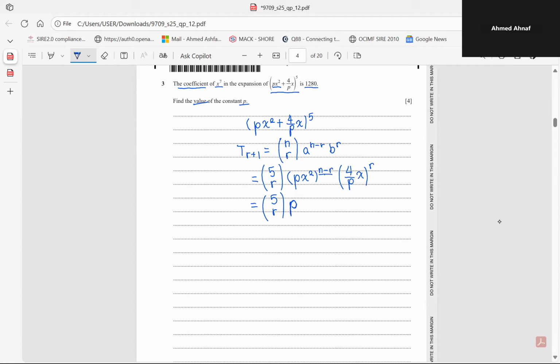So we get p to the power of n minus r times x to the power of 2 times n minus r, so this would just be 2n minus 2r. And then for the next term, 4 over px, this would be 4 to the power of r over p to the power of r times x to the power of r.